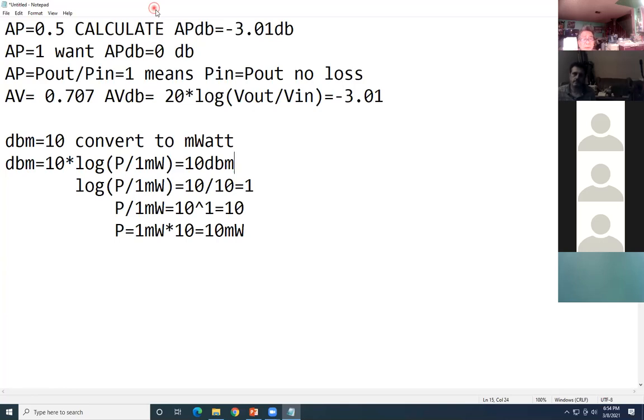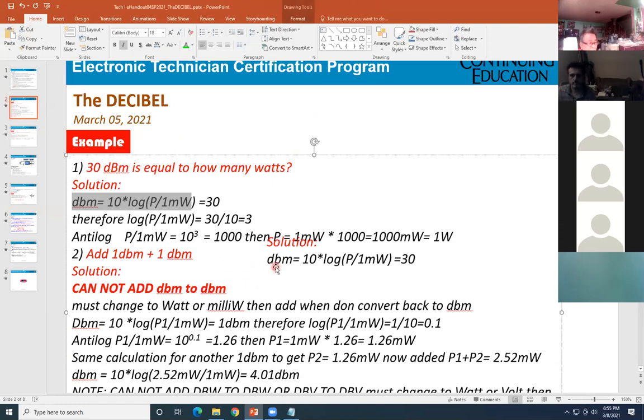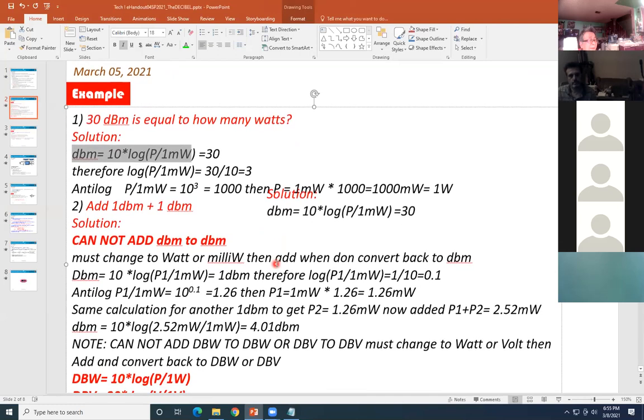Now we go to the next one. Adding 1 dBm to 1 dBm. You see the note here: you cannot add dBm to dBm. That means they are not equal in units. You must change to watt or milliwatt, then add them.